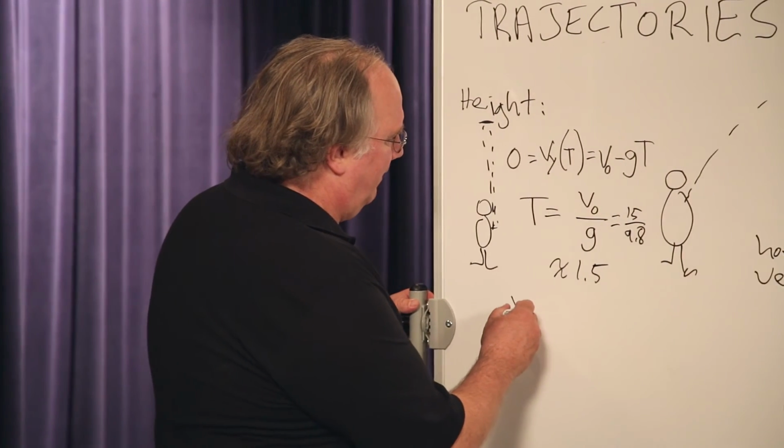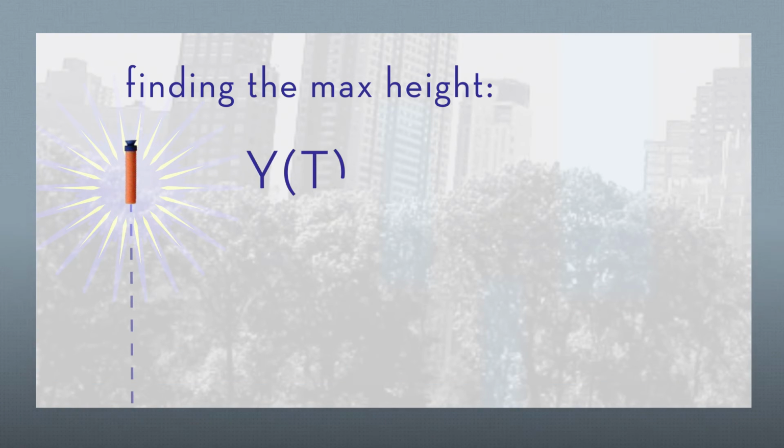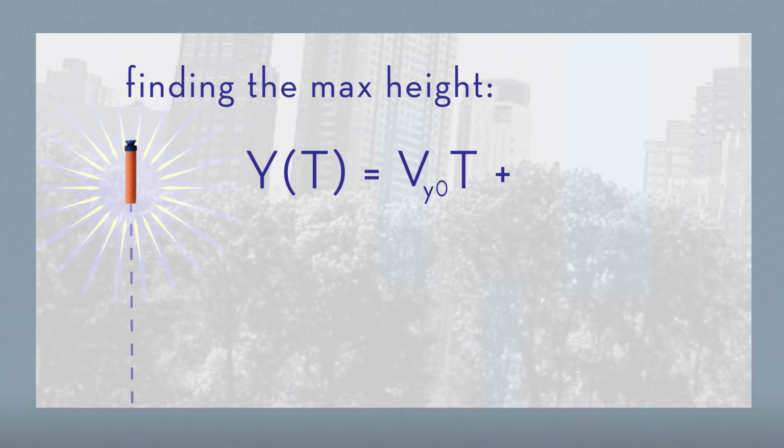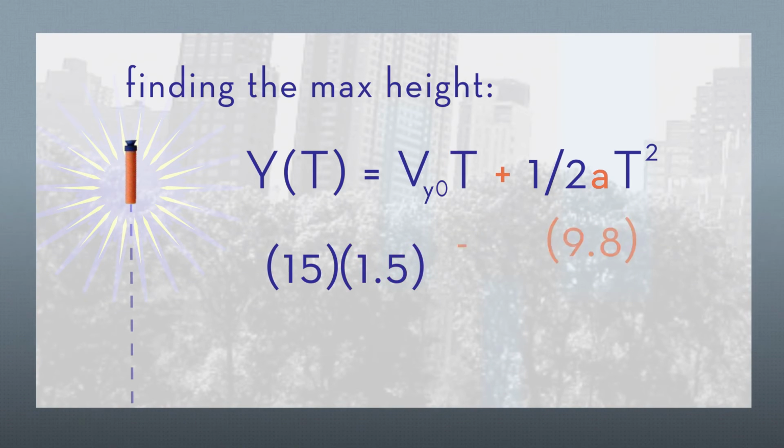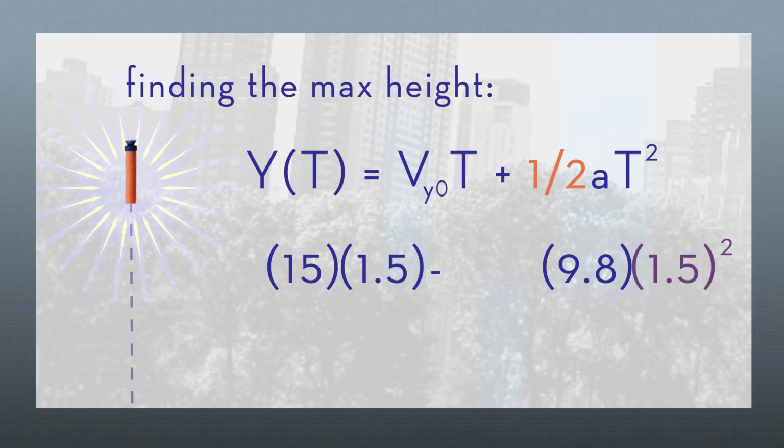Well, to do that, we have to use the other equation and say y at big T equals vy0 times big T plus 1/2 a t squared. Plug in numbers for this. This is the 15 meters per second we got last week. This is a second and a half. This is minus 9.8, and that's 1.5 squared.